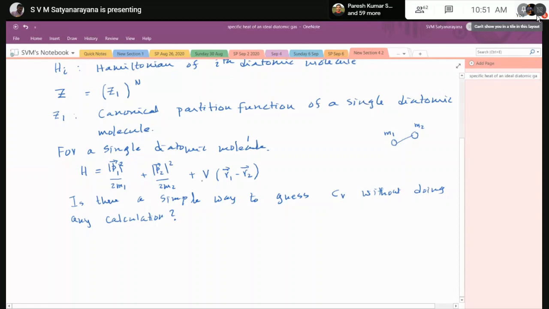So let me first write this potential in a general form like this. It will depend on r1 and r2. So first let us write that it depends on both r1 and r2. One of the possibilities of guessing is just to enumerate the number of degrees.